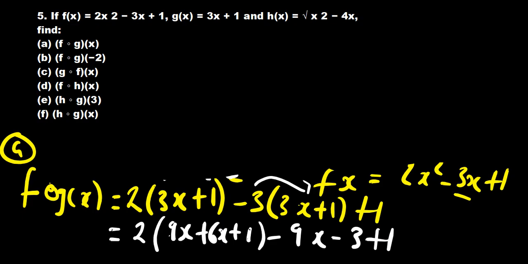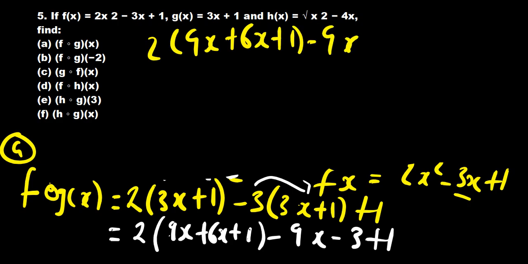What are we going to have if we solve this expression? Let's write it on top. We've got 2 times (9x squared plus 6x plus 1) minus (9x minus 3) plus 1.